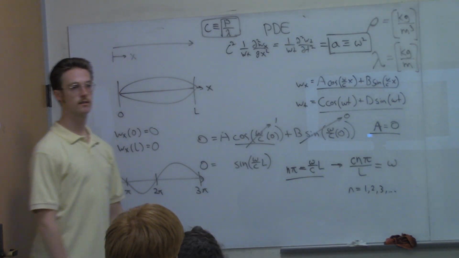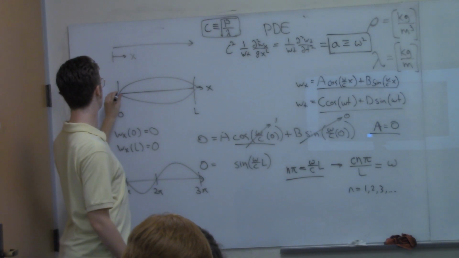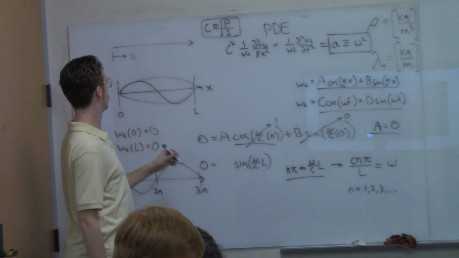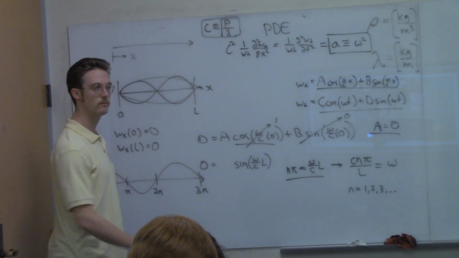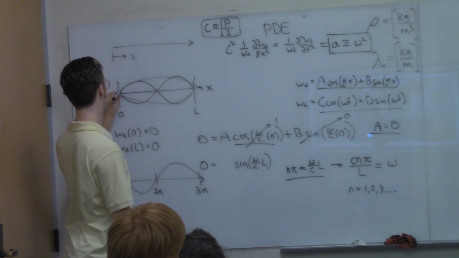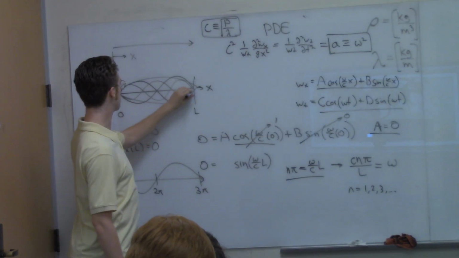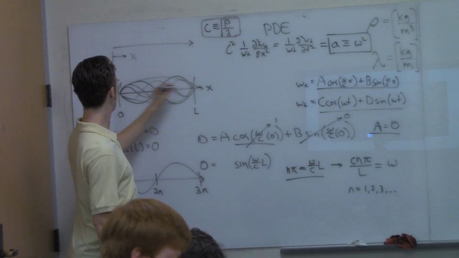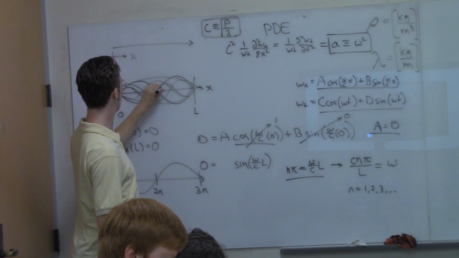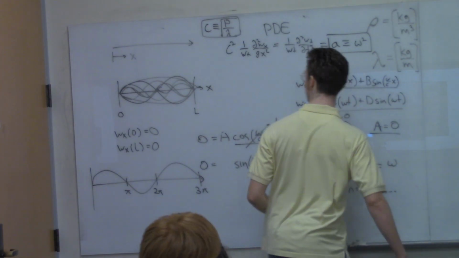N equals 2, we throw in 2 half periods, and it oscillates like that. And then I'm sure you've seen how this goes on. If we hit three half periods, something like this, and then 4, and so on. It gets really nasty looking, but it's super cool.